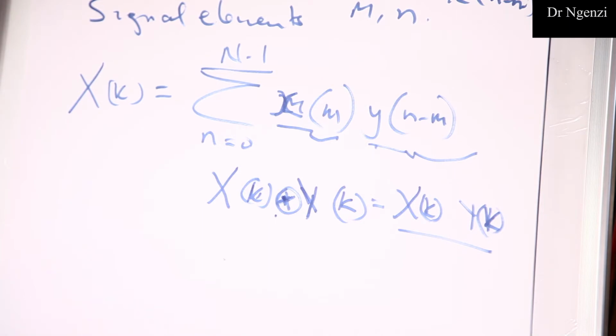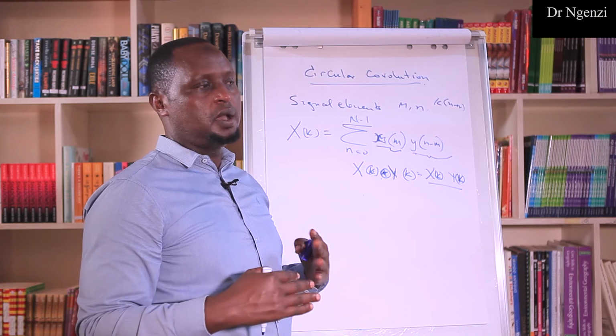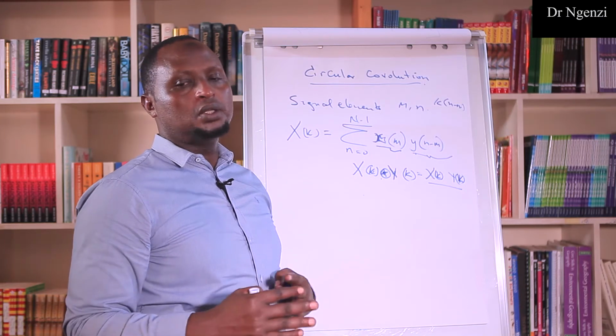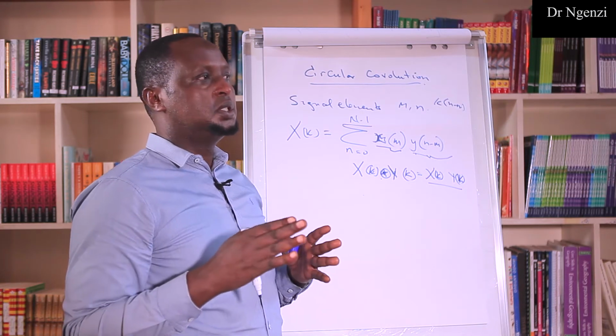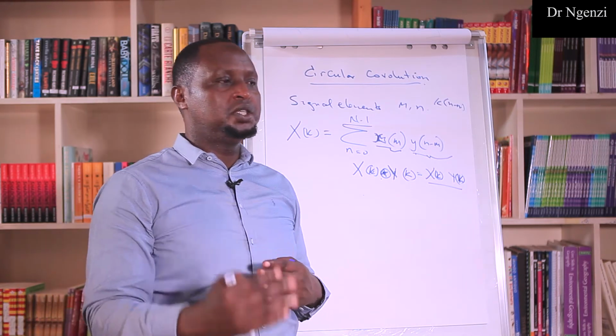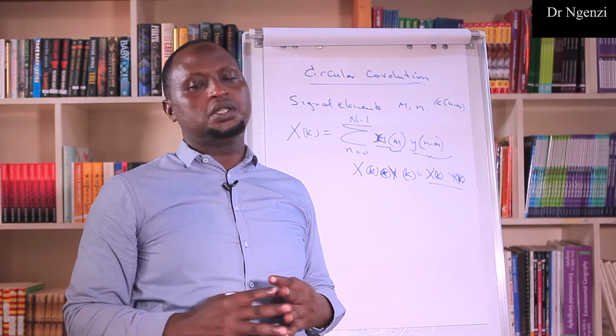And on these signals, remember we discussed periodic signals and aperiodic signals. A periodic signal has a fixed point where you determine the change or the variation of your signals.